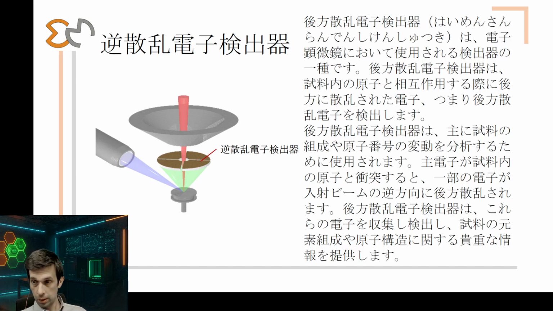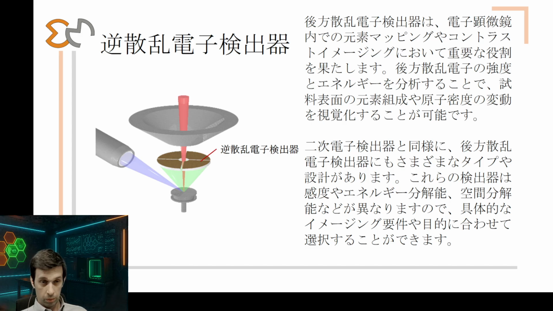We will see it in a moment with an example, but before that, they play a role in elemental mapping. So they don't provide a composition, strictly speaking. They are used to give an image of different phases of the material. So heavier phases and lighter phases will look different in backscattered electrons.